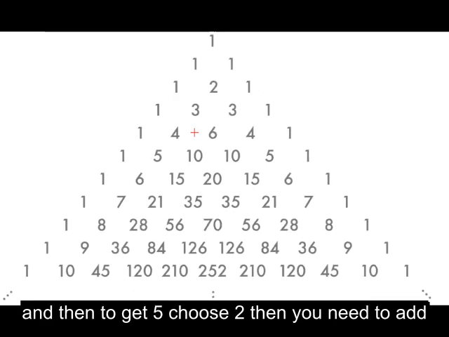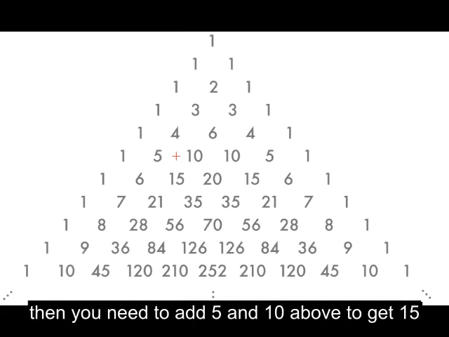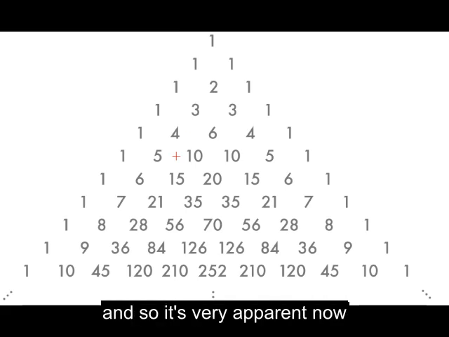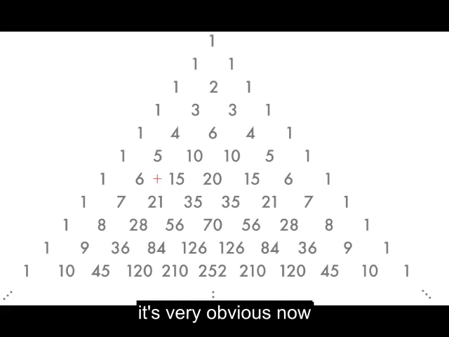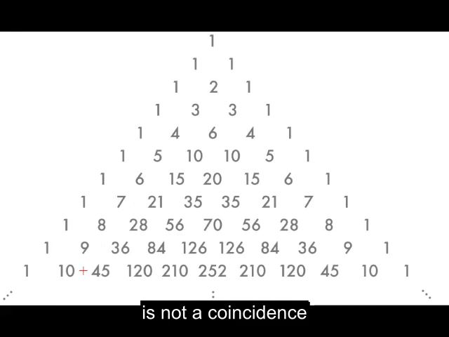To get 5 choose 2, you add 4 and 6 to get 10. To get 6 choose 2, you add 5 and 10 above to get 15. And so it's very apparent now that the pattern I described earlier is not a coincidence.